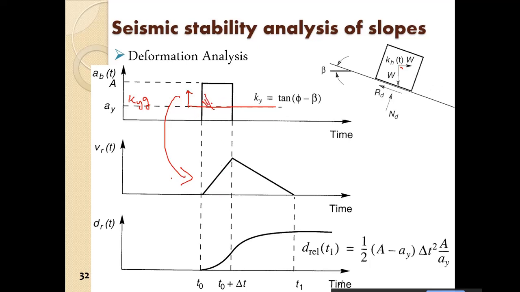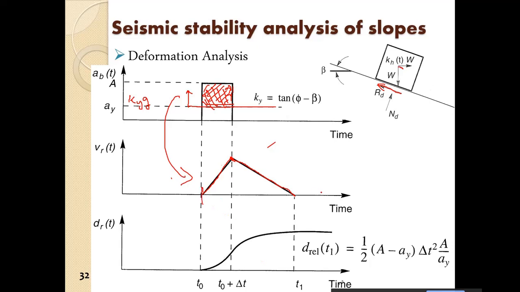If we integrate acceleration over time, that is the velocity increment. This will increase up to this value over here. And then as soon as the acceleration drops below the yield acceleration, the block will stop accelerating, but the velocity it has gained will decrease up to 0, depending on the frictional force that is being applied.